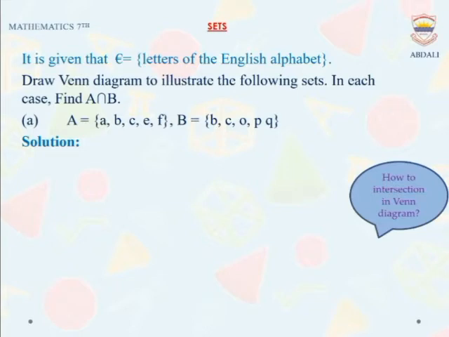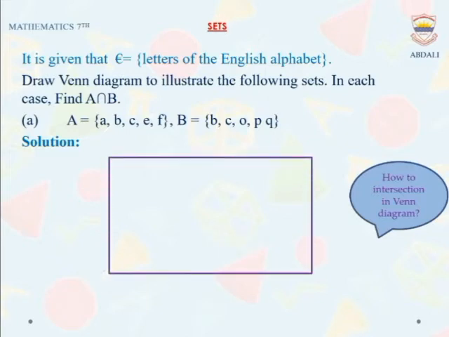So we will draw both sets and we will represent both sets' common values in a common area. Let's do it. Firstly, we will start with drawing our universal set. So it is our boundary, it is our universal set. It will contain all the English alphabet letters that we are going to discuss in this problem.